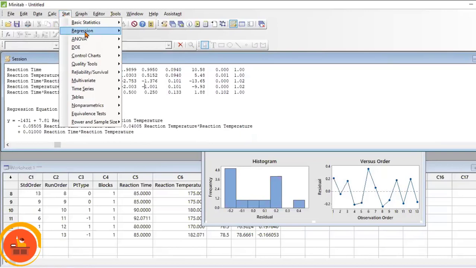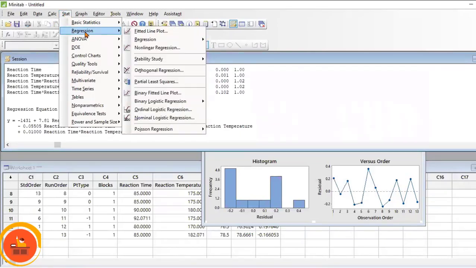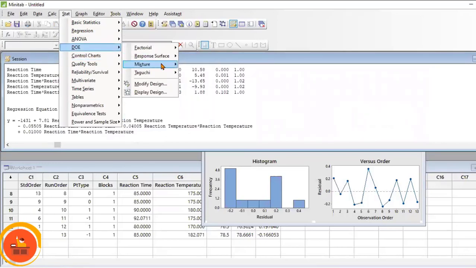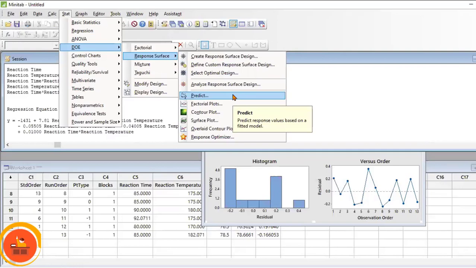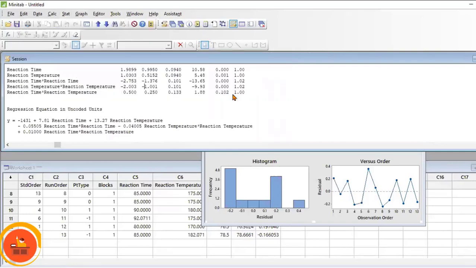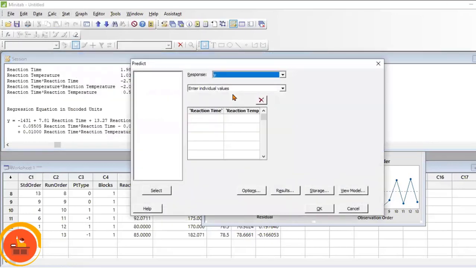Apart from that one, even if you can go for further analysis also, here in the DOE response surface, most important thing is we can predict the data also. So I am selecting the predict option and then entering the individual values.